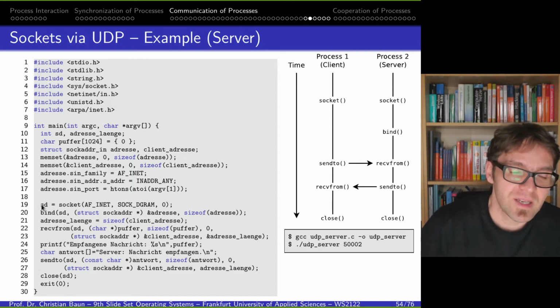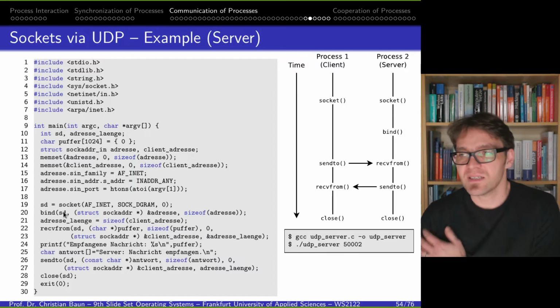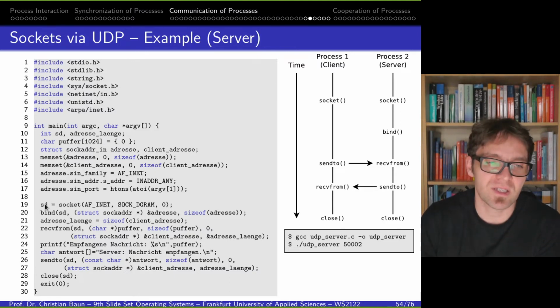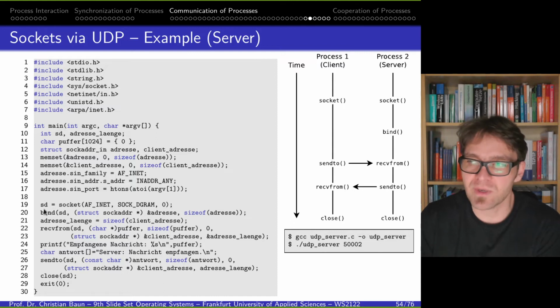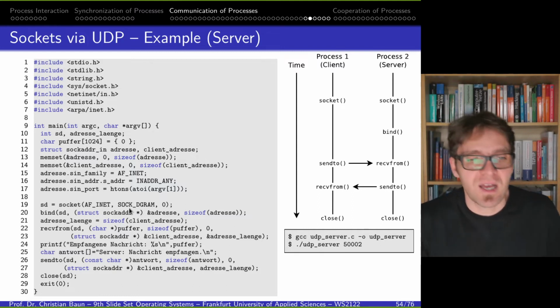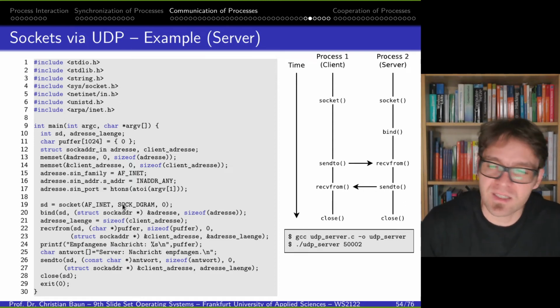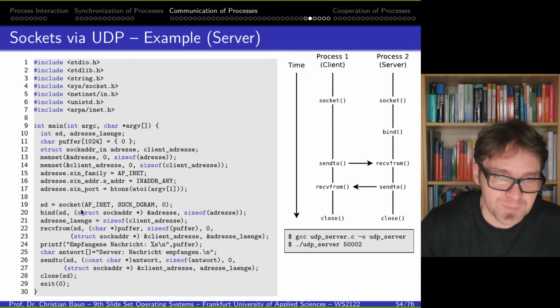So next, in line 19, things get interesting. Here we create our socket with the socket function and the socket descriptor variable here. That's our way to access this socket now, and here we specify again the address type on network layer and the protocol on transport layer, datagram, so UDP.